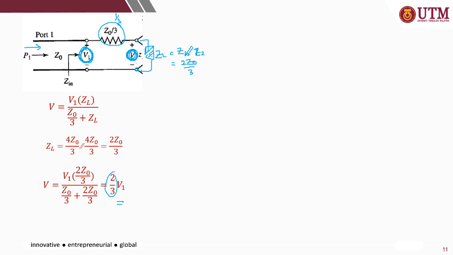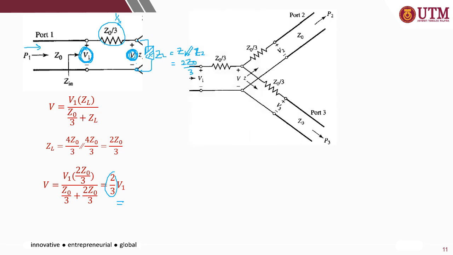Now let's look at what happened to the power delivered to the output port. What will be the power received at port 2 and port 3? Now the input at this junction is V. So this part can be simplified like this. Here is your Z0, and here is Z0 over 3. So what will be your V2 across here?